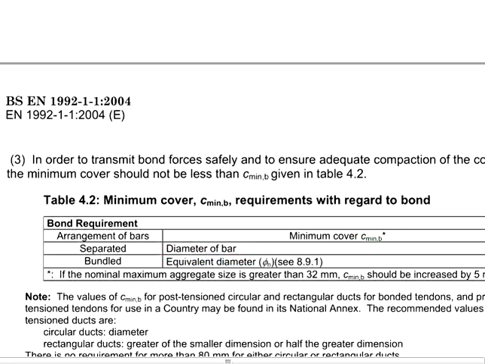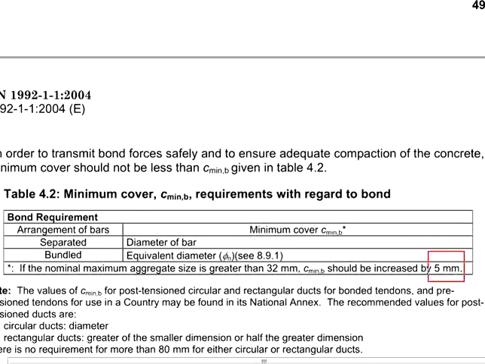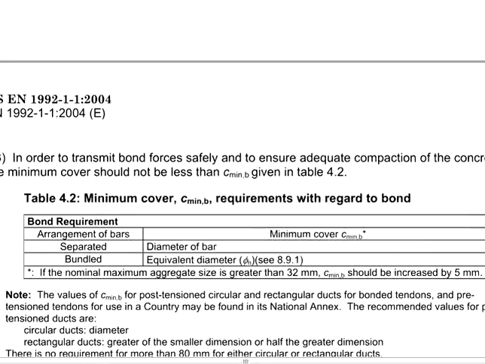This is conditional on the maximum aggregate size not being greater than 32 mm. In the case that the maximum aggregate size is more than 32 mm, the C min,b should be increased by another 5 mm. Normal concrete will have the maximum aggregate size of 20 mm. Therefore, you may use C min,b equal to the bar diameter.